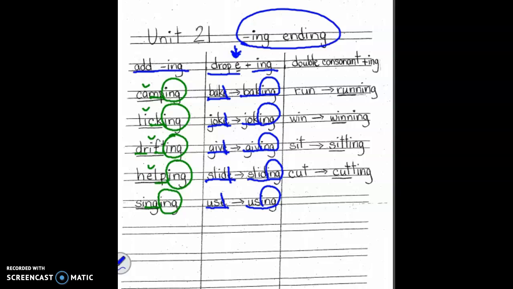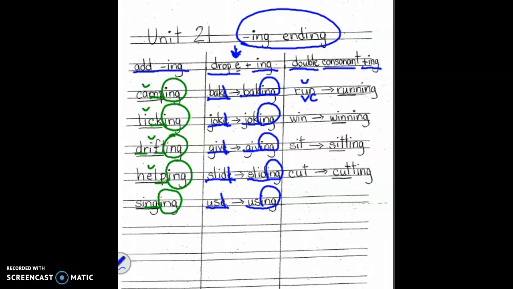The last column I have here is when to double the consonant and then add the ing. So this is a plus ing. Those are when we have a vowel consonant pattern. We've talked about vowel consonant patterns. Those are also called our closed syllables.